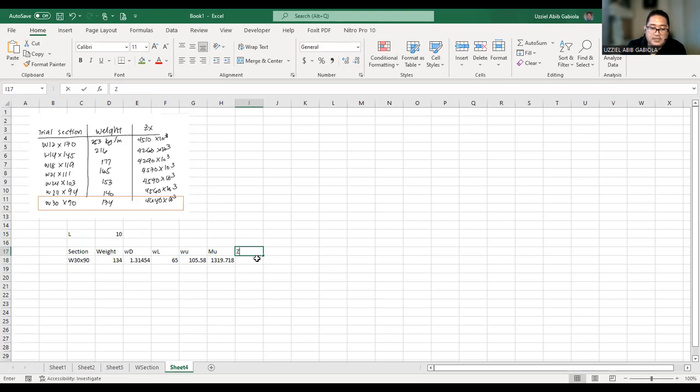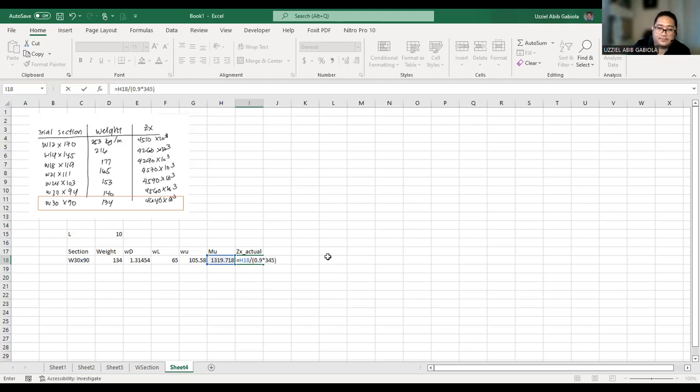And then, ano yung calculate natin ngayon? Yung ZX actual natin. Okay? So, equals MU all over yung value natin na 0.9 times yung FY natin na 345. Okay? So, yung moment natin kailangan naka-times ng 1 million para Newton mm yung kanyang unit, no?